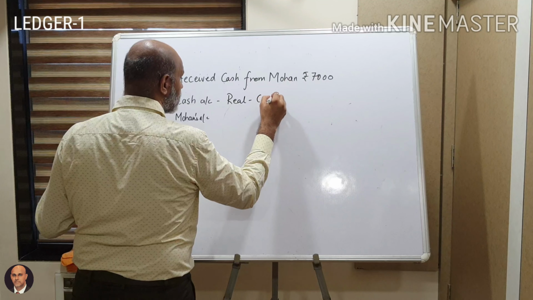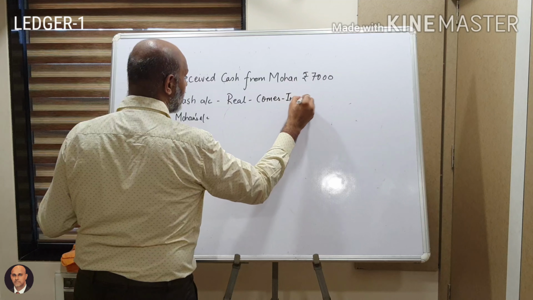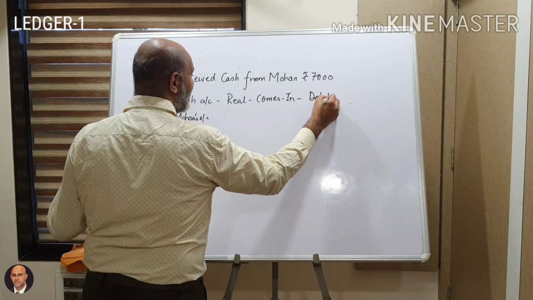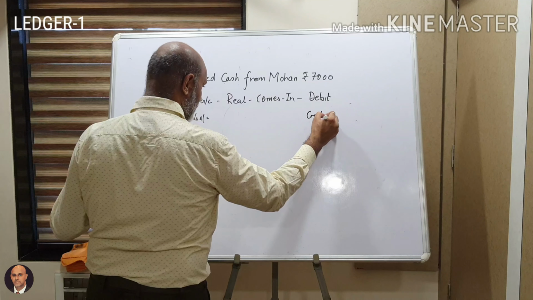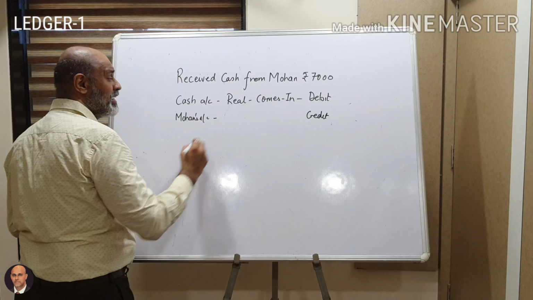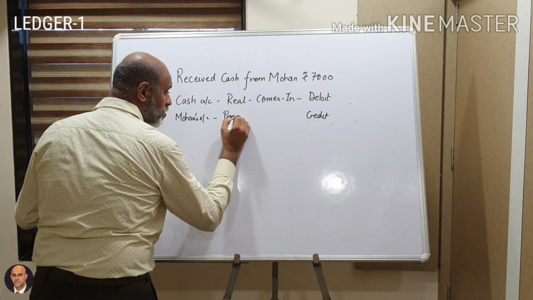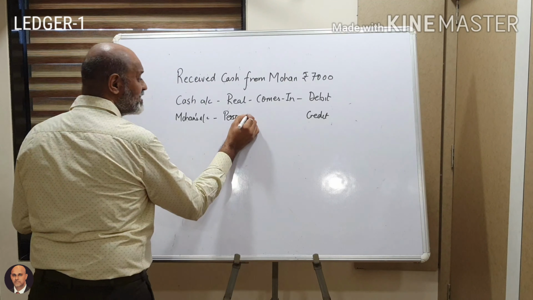It comes in, hence it is debit. Automatically this is credit, but let us analyze. Mohan is a personal account. He is a giver to the business and hence it is credit.